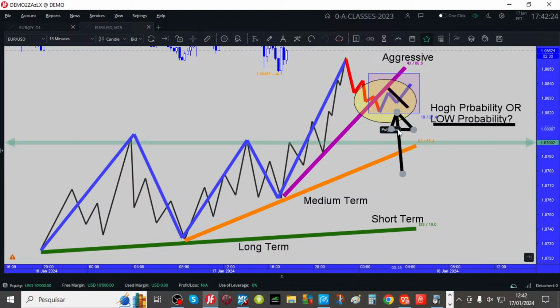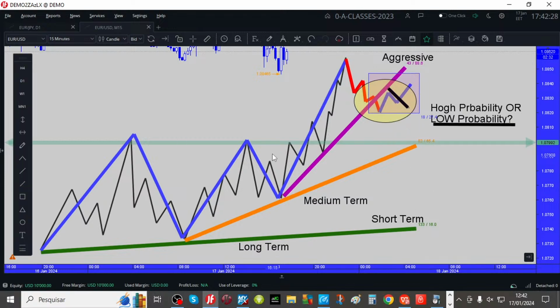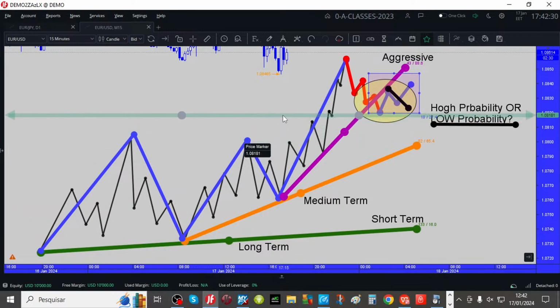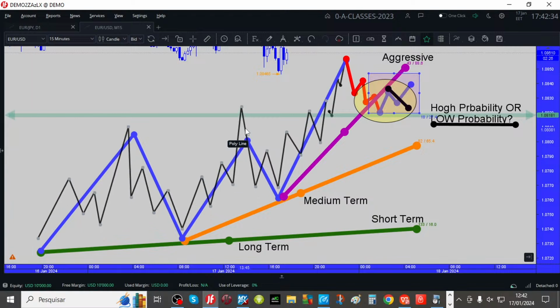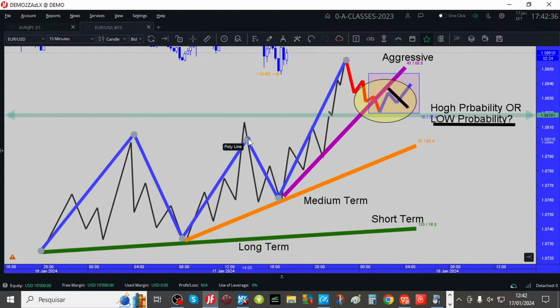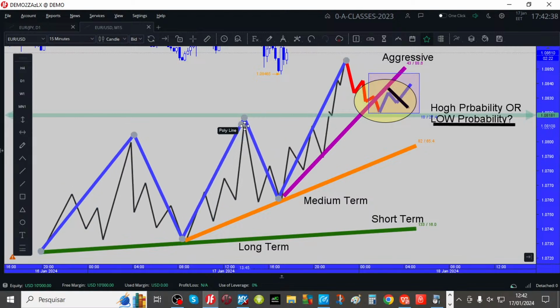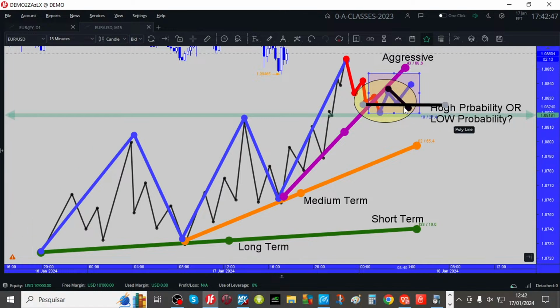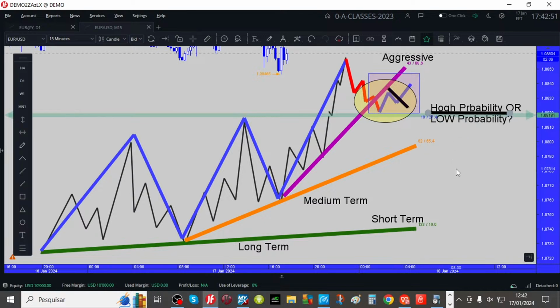75% confirmed uptrend. Now this entry compared to this entry, what about now? Can you see it, everybody? Those two setups, the previous setup that was low probability turned into high probability right now.